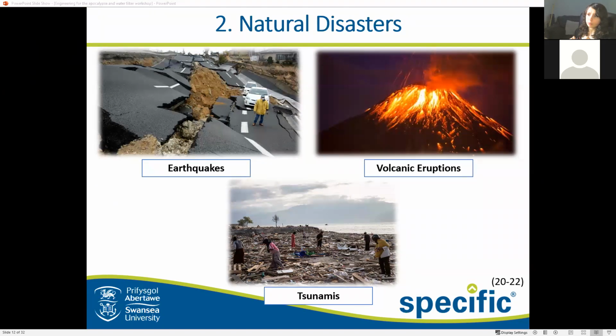And in this session, I'll be focusing more on ways we can do cleanup operations for earthquakes and tsunamis, although there are lots of monitoring methods now in place with artificial intelligence involved to enable people to predict when these things are going to happen, such as volcanic eruptions, so that we can minimize their effects.